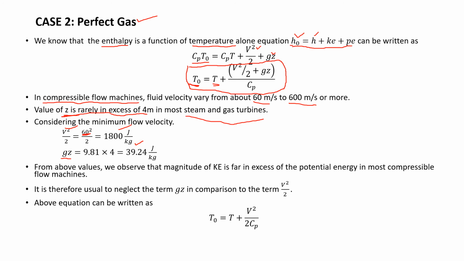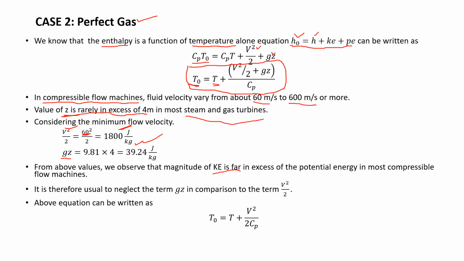So from the above values we observe that the magnitude of kinetic energy is far in excess of the potential energy. If you check the values, kinetic energy is far exceeding the potential energy in most compressible flow machines.